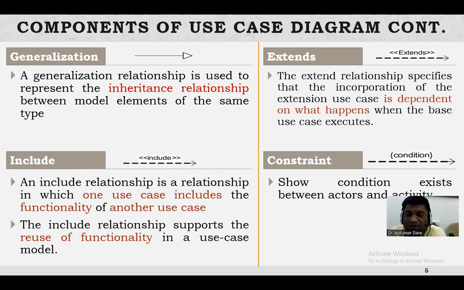And we also have the constraint, which shows the conditions which might exist between the actors and activity. Now friends, we are going to discuss all these components in depth in my subsequent session.